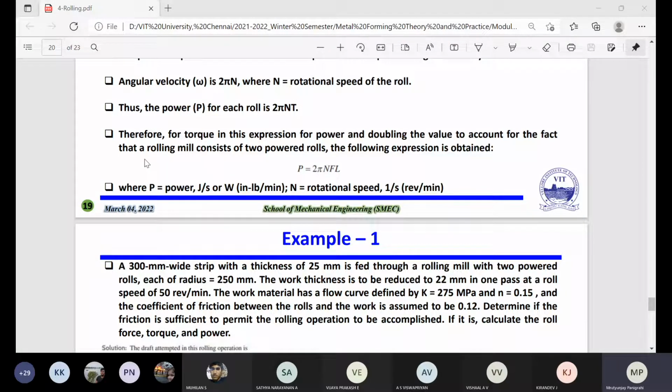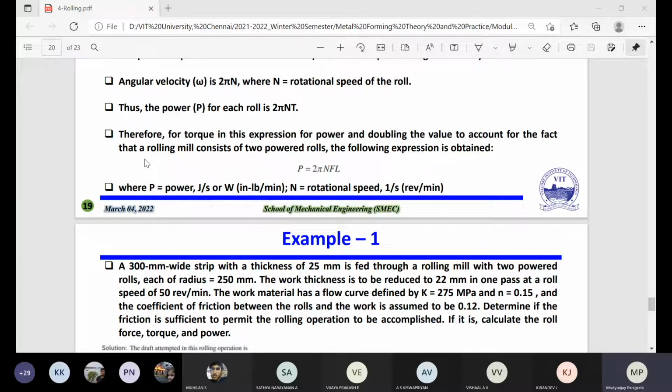Then the epsilon and the average flow stress, and the maximum draft we derived as mu squared R, where mu is the coefficient of friction and R is the radius of the roll. Then we discussed the contact length L, equal to R into (T0 minus TF) to the power 0.5.